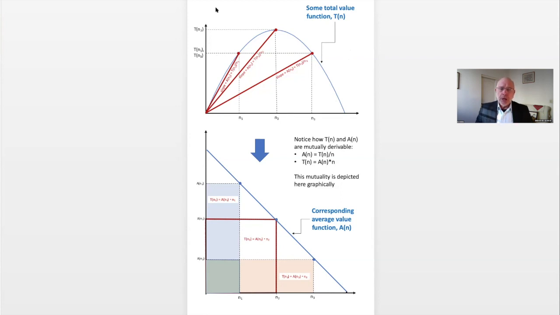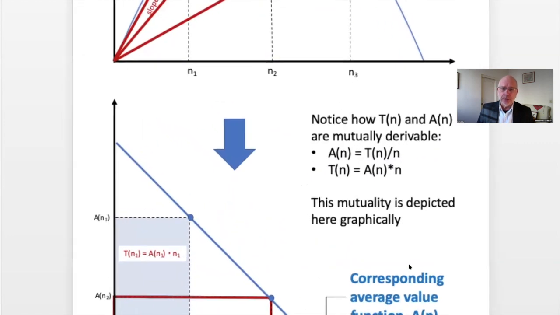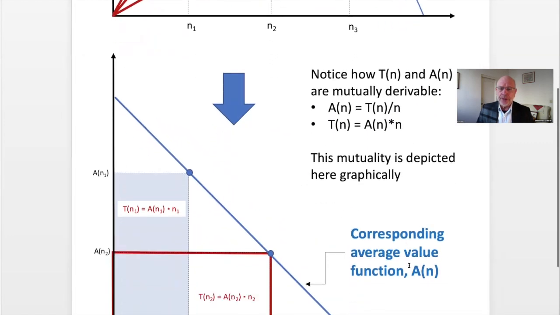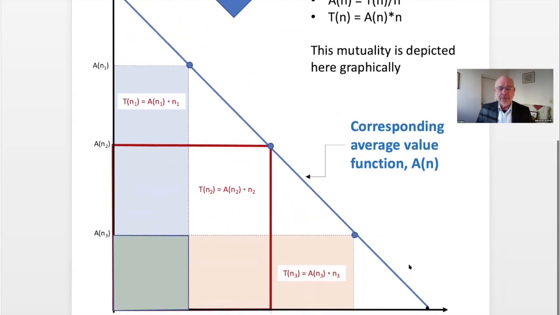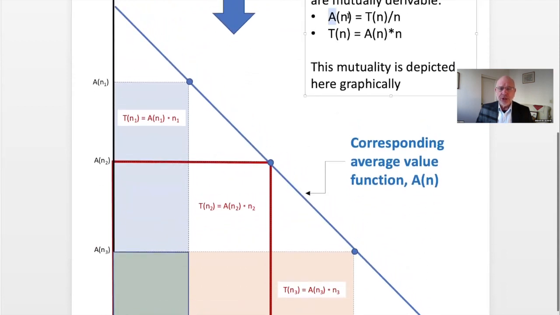So we'll look first at the average value function and how it's derived from total value, because that's familiar to everyone, I think. Average is something that we use just really in daily discourse. And we all know that the way to calculate an average is just to take a total and divide it by n, where n is the number of items over which this applies.